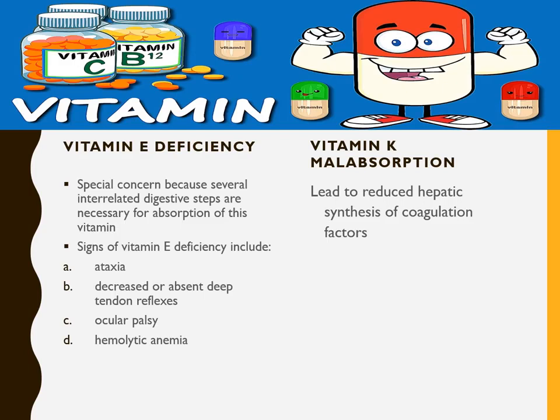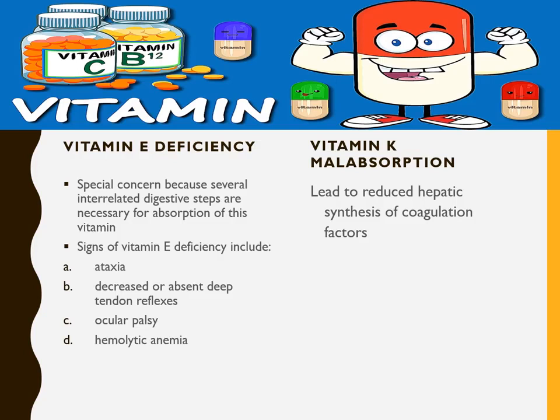The second vitamin is vitamin E. Vitamin E is important because it has interrelated digestive steps necessary for absorption, so the absorption of vitamin E is a somewhat complicated issue.